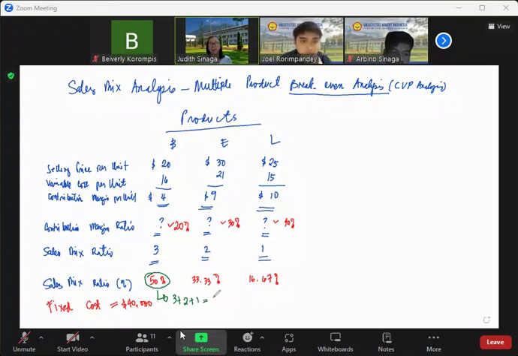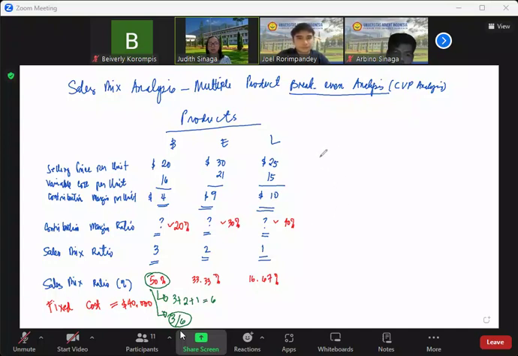So it gives you 6. So you just divide 3 over 6. That's why you get 50%. It's just showing that the sales mix ratio is more toward product B, compared to E and compared to L.